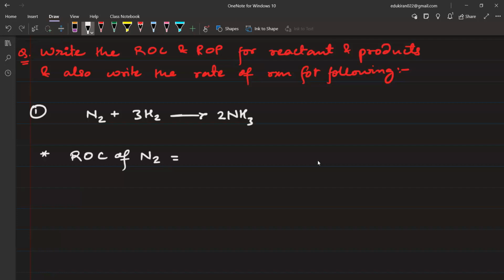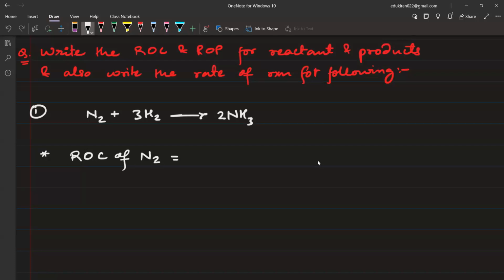You are only focusing on nitrogen. Suppose the reaction is going on in a container. You are seeing nitrogen is 1 atm now, or nitrogen is 1 mole per liter at time equal to 0 seconds. In 2 seconds, nitrogen becomes 2 mole per liter. After 10 seconds, nitrogen became 15 mole per liter. After 20 seconds, nitrogen became, let us suppose, 50 mole per liter. So we are only looking at nitrogen.